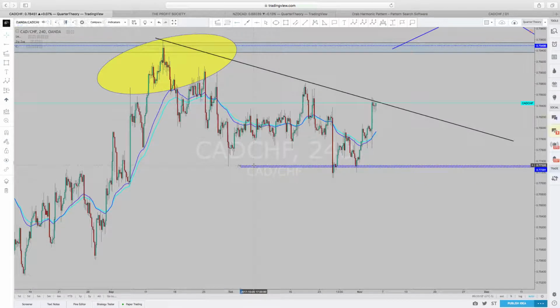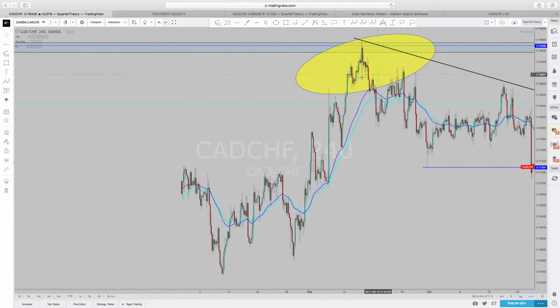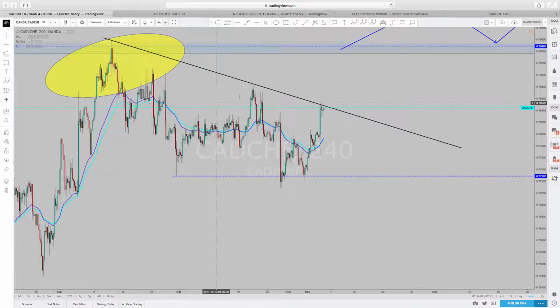Let's just take this off real quick. You only need one. Okay, so I do see a possible harmonic here. I see a bat pattern, which I see quite often. I will be looking to get into this trade somewhere right around here, which is rather close.